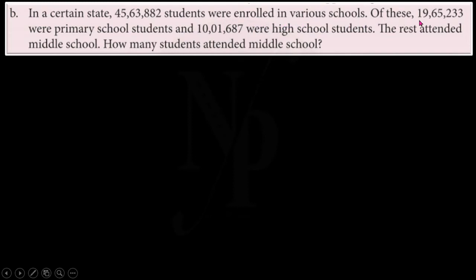Of these, 19,65,233 were primary school students and 10,01,687 were high school students. The rest attended middle school. How many students attended middle school?